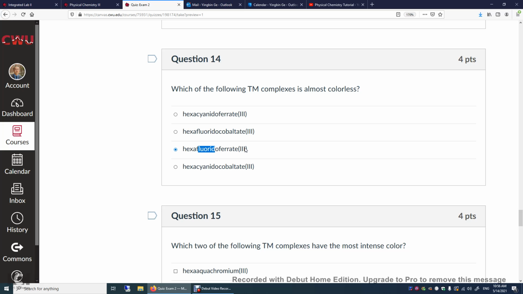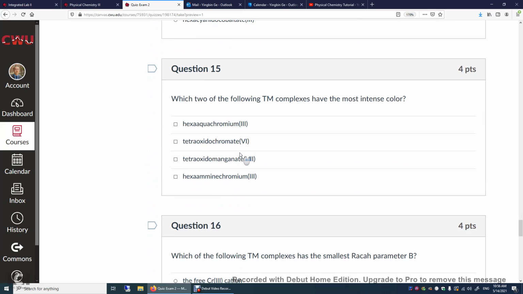And when you have a spin forbidden transition, it's extremely weak, and that's why this transition metal complex is almost colorless. Question 15. Which 2 of the following transition metal complexes have the most intense color?